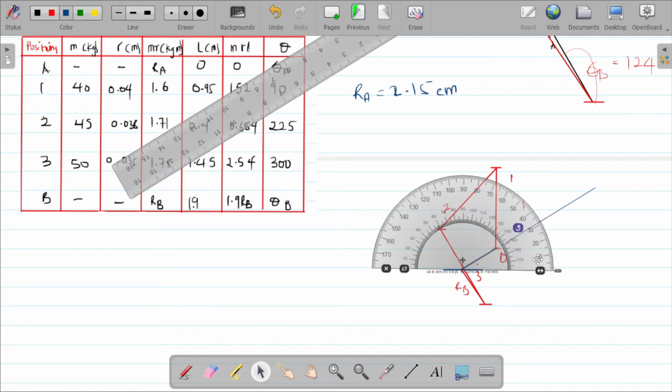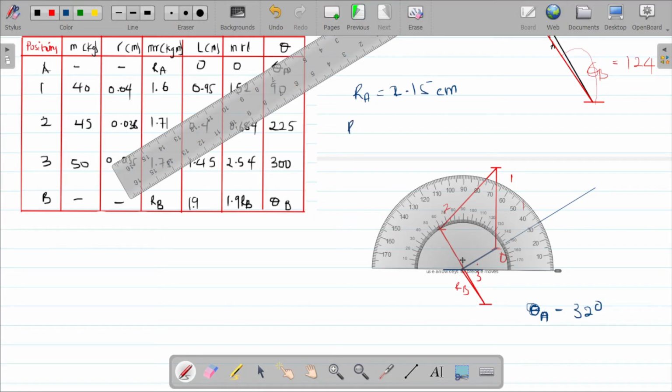Okay, I'm getting 32 degrees. So theta A, I'm getting 32 degrees.